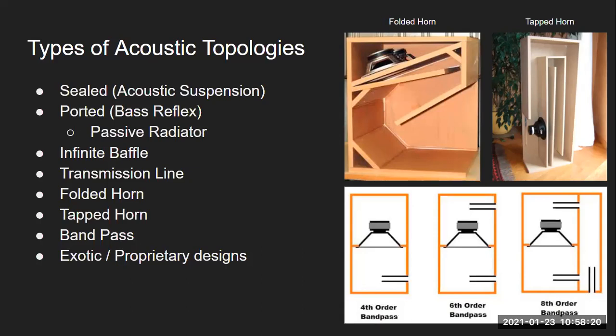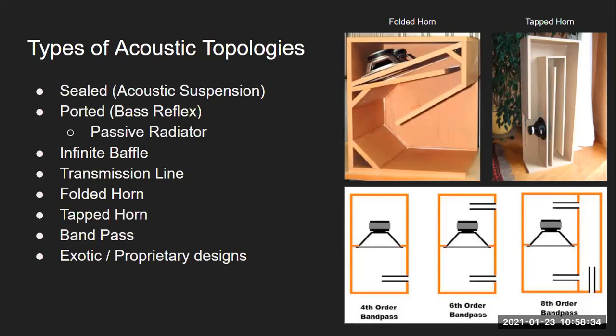And then bandpass is another one that you might see. It's very efficient. It adds quite a big boost because you're just exciting a Helmholtz resonator effectively. The problem is that it's also very bandwidth limited.